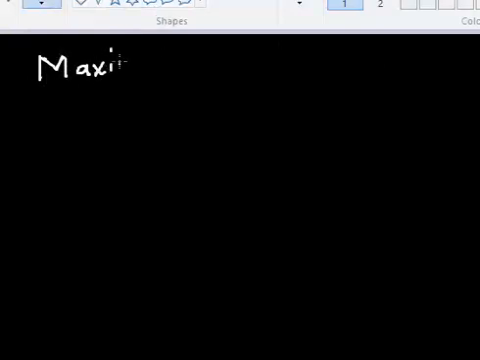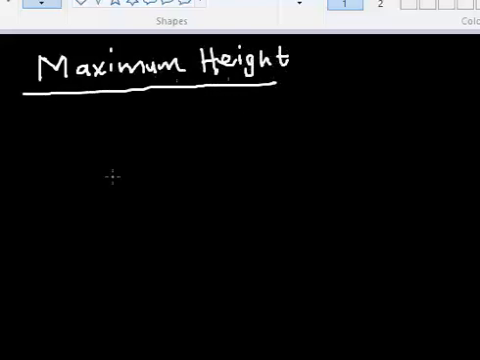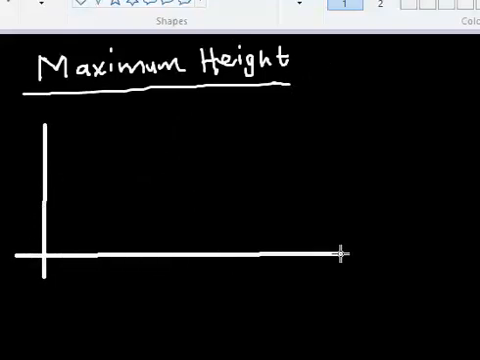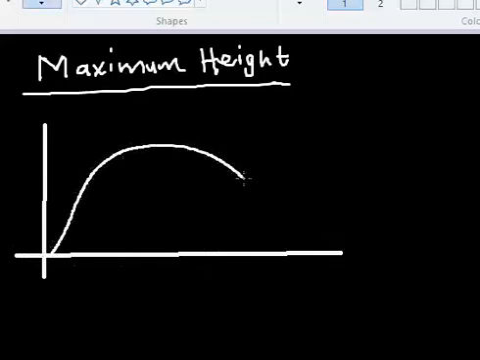Now we could actually get a second equation, and this time around we need to evaluate what is known as the maximum height attained by the projectile. And of course, you know very well that the maximum height attained by the projectile is simply the vertical distance measured from the ground level.